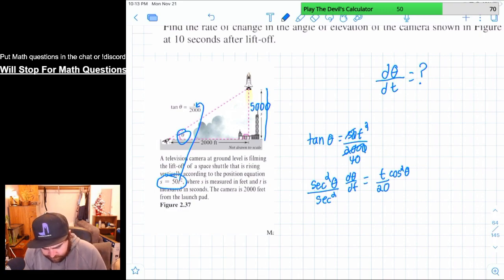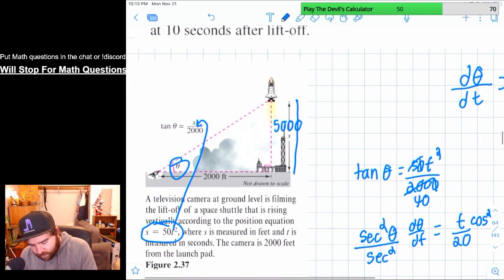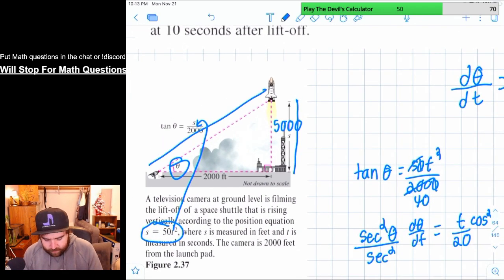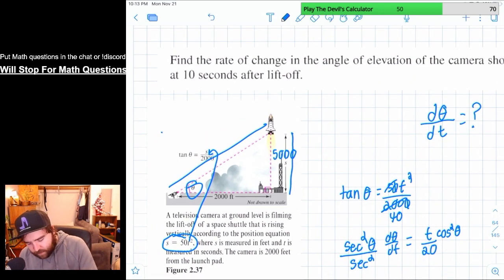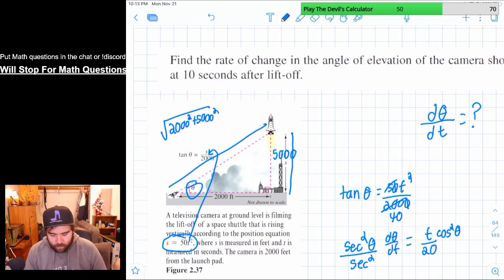And actually, I would just keep going because we want the cosine. It would be nice if we could get perfect answers. So what's that? That's the square root of 2,000 squared plus 5,000 squared. Which is what?